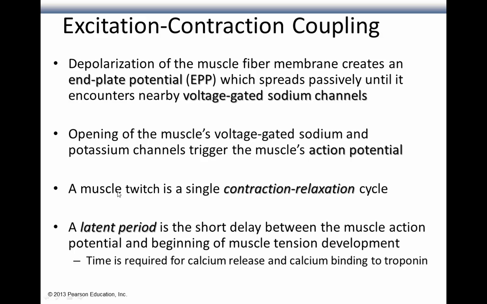For a single action potential, the muscle will have a single contraction-relaxation cycle, and this latent period is the short delay between the action potential and the beginning of tension development. And here's where the sarcoplasmic reticulum's calcium comes in, because calcium is released from the sarcoplasmic reticulum and it binds to troponin on the thin filament, and it's that process that actually allows myosin and actin to interact in a way that generates force.